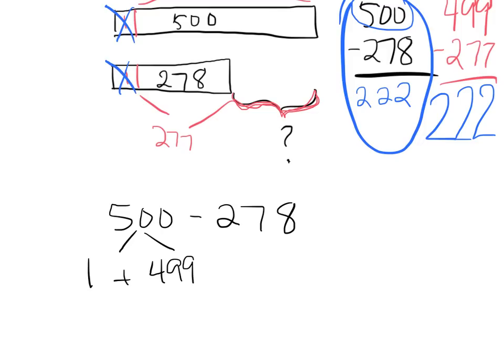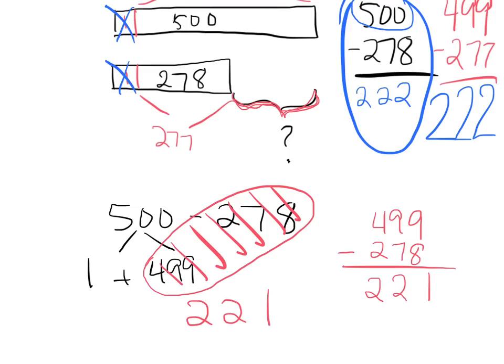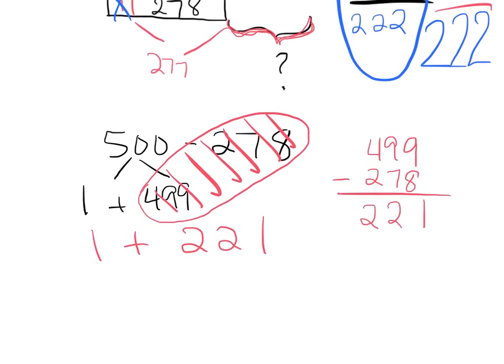And those are added, right? And so now you can use subtraction, and we could do 499 take away 278. And when I do that, I get 221. So this piece right here is equal to 221, and then I add in that original 1 that I temporarily took out, and that gives me 222, which is the answer that we knew all along.